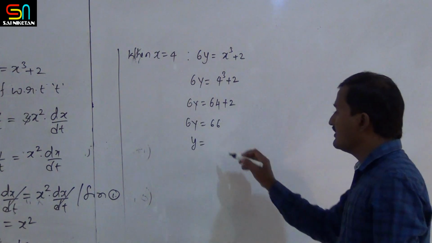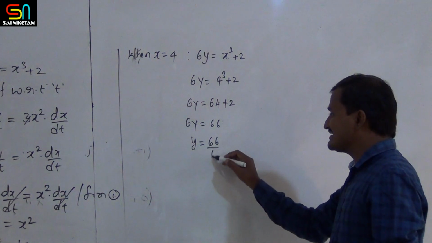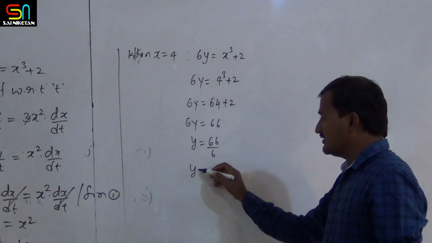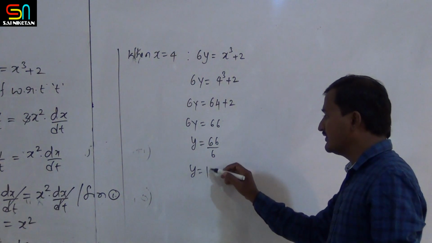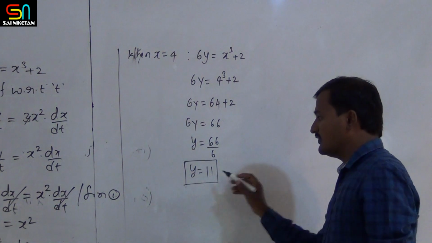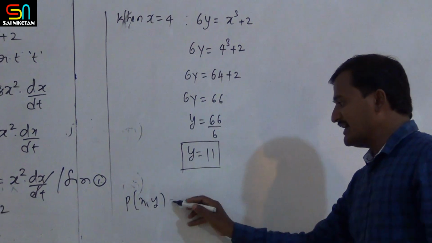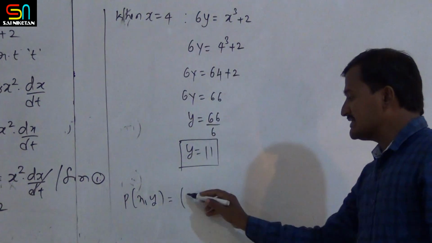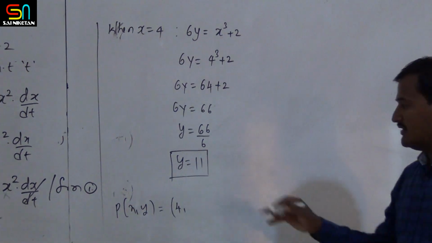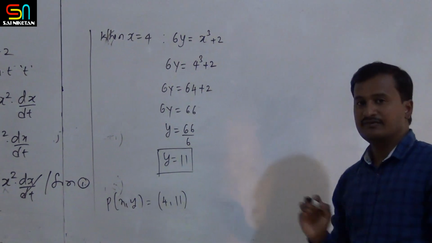What is the value of y? y is equal to 66 upon 6. So clearly the value of y is equal to 11. So therefore, what is the coordinate of point P? The coordinate of point P is in terms of x comma y. x is equal to 4, and the value of y is equal to 11.